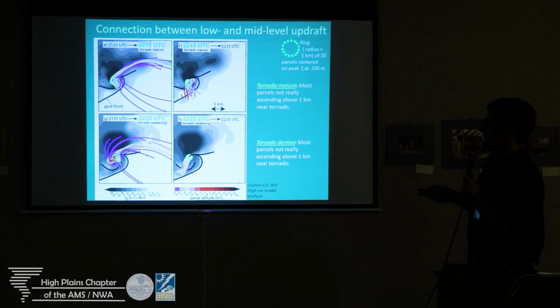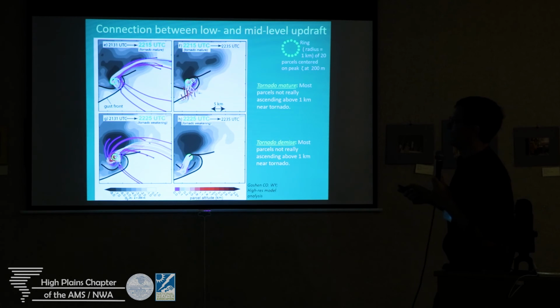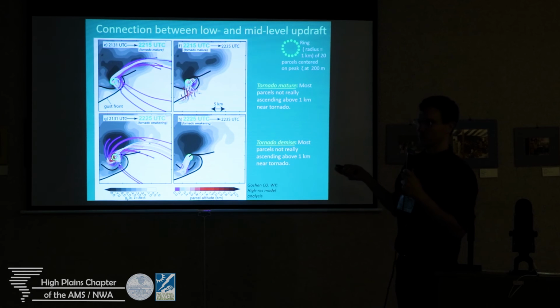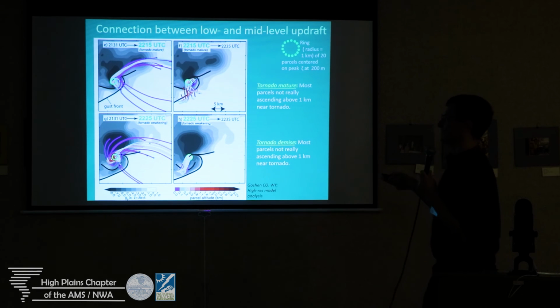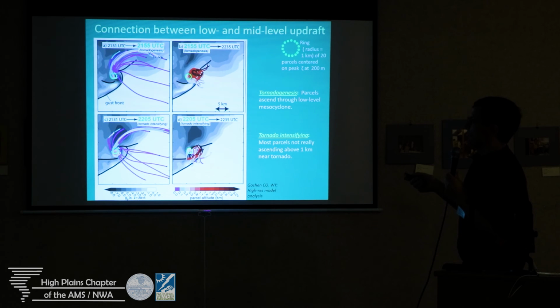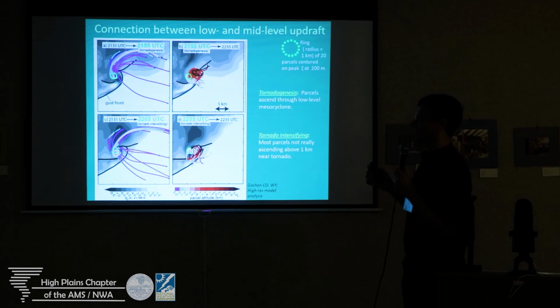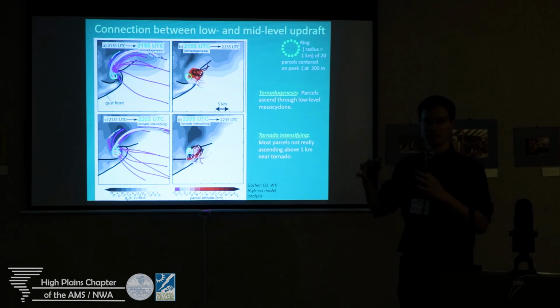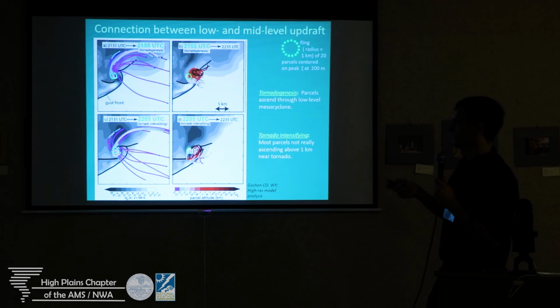So I think it's interesting that the one and only time that the low-level updraft and the mid-level updraft, at least in this storm, using these analyses that maybe don't fully resolve everything below 500-meter grid spacing, are acting in concert, whether they're dynamically linked or maybe just coincidentally feeding into each other, is at the time of tornado genesis.